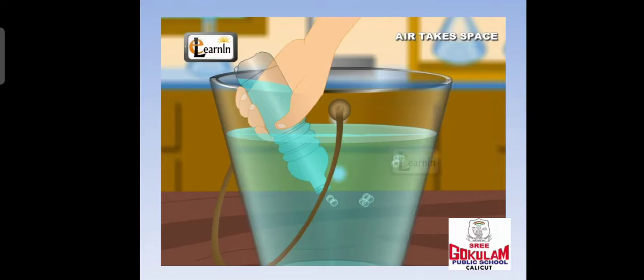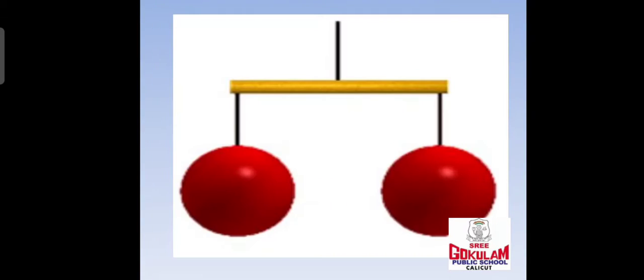The next property of air is air has weight. For this we can do an activity. Tie a piece of string to the middle of a scale. Take two inflated balloons of the same size. Tie a balloon to each end of the scale.